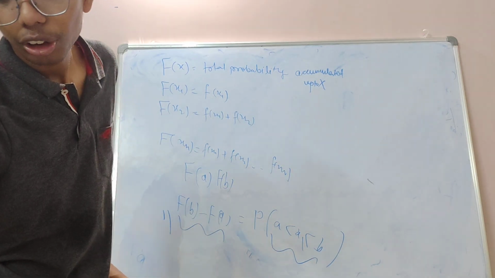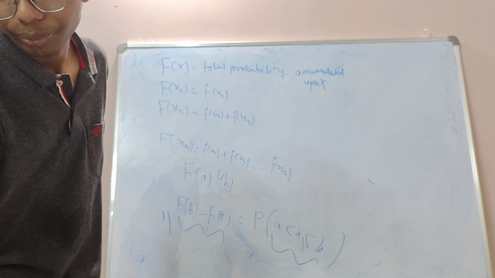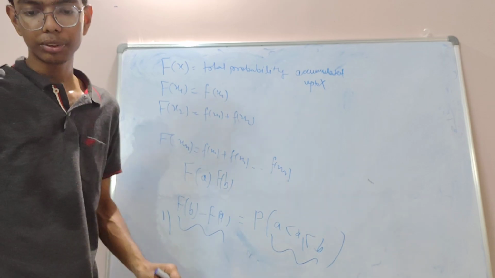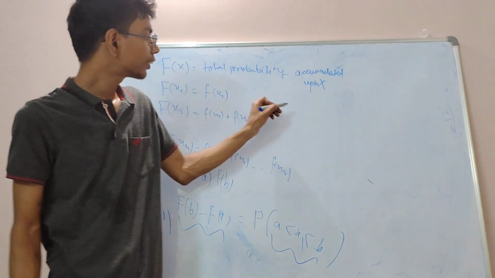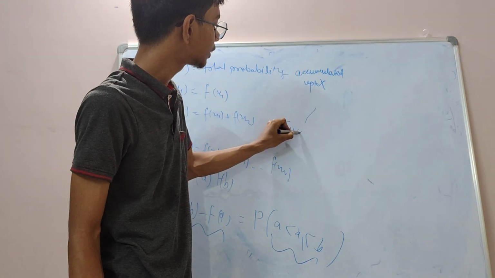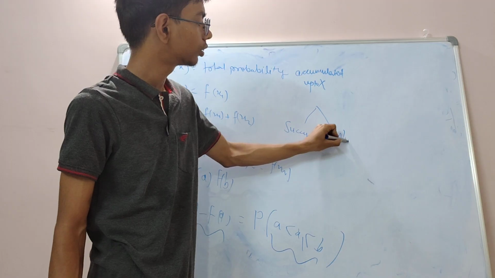Now let's talk about the binomial distribution. When do we use this? Suppose I have an experiment, and that experiment is either a success or a failure.